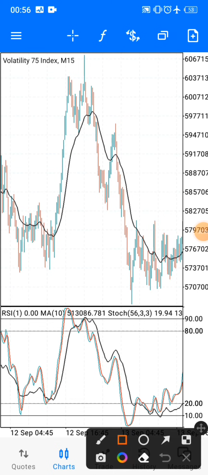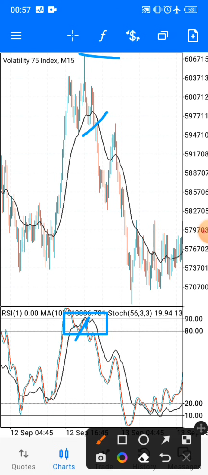For the conditions, firstly, the moving average and the stochastic have to reach levels 80 and 90, and that's when you place your sell, after they cross right there. Then we wait for a candle to close below the black moving average on the main chart, and you place your stop loss above the previous high.